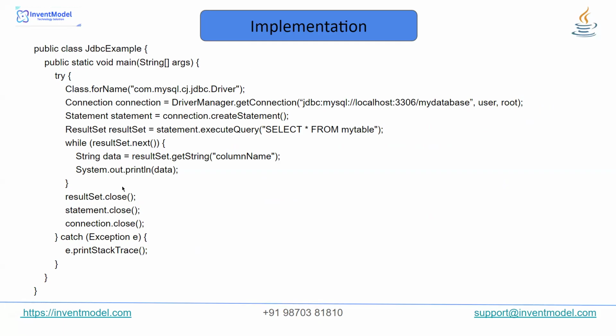After all the process, you need to close everything: ResultSet, Statement and Connection. So you need to add the close method, and it can throw an exception, so it is better to handle the exception, and you can use the throws keyword also.